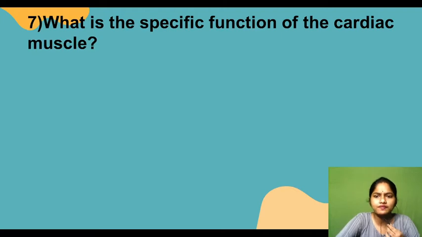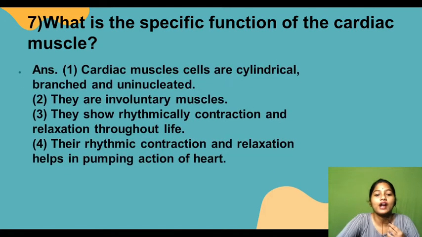What is the specific function of the cardiac muscle? Now only we have discussed, right? Cardiac muscles are found in our heart. So cardiac muscle cells are cylindrical, branched and uninucleated. Uni means one. So each cell has only one nucleus, and they are involuntary.